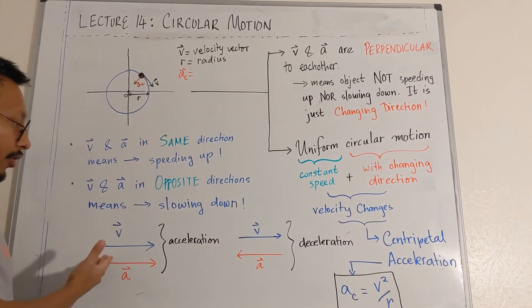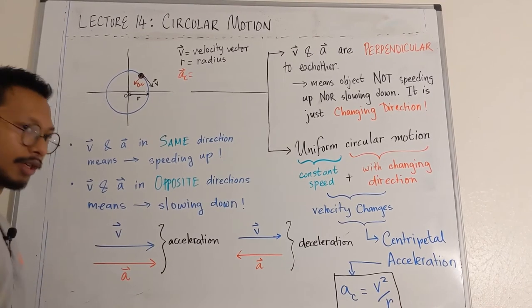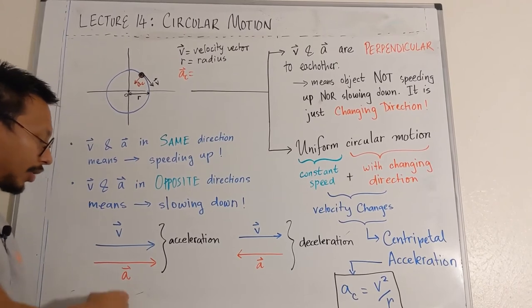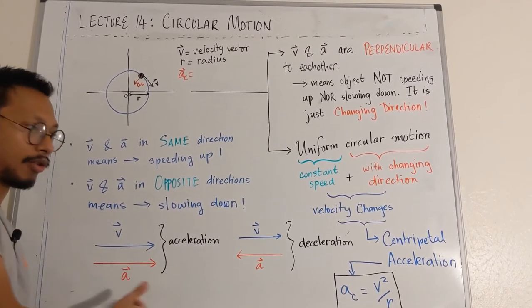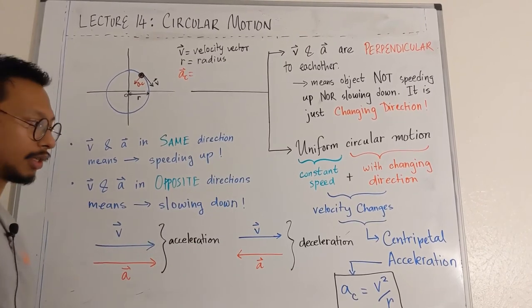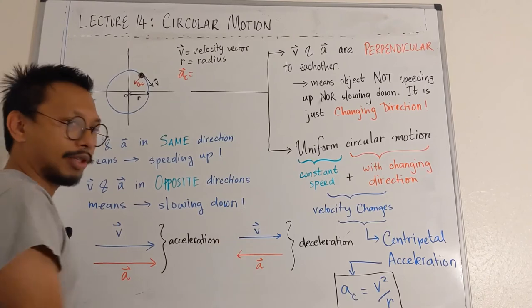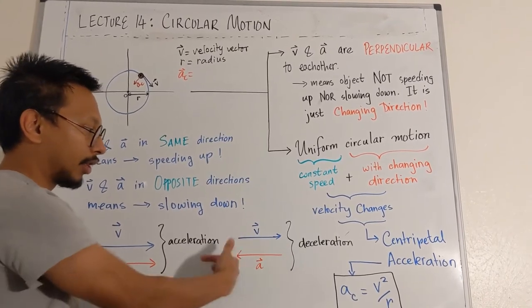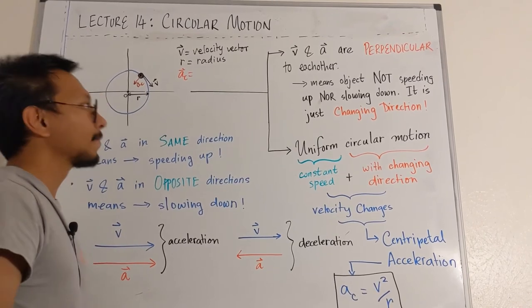So you may picture that as velocity vector in blue going to the right and acceleration vector in red going to the right as well. This means that since both of these vectors are directed in the same direction, the object is accelerating, while when both of these vectors are directed opposite to each other, one going to the right, acceleration going to the left, this means the object is slowing down, right?